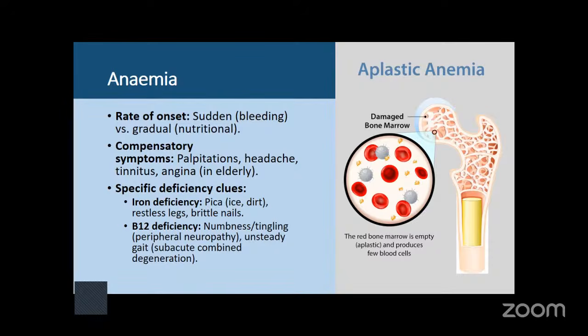So you want to know what the duration of onset is. Is it sudden? Is it gradual? Gradual can be nutritional, where you have iron deficiency, B12 deficiency, or it can just be exhaustion of red cell production. There are so many things that can cause anemia.